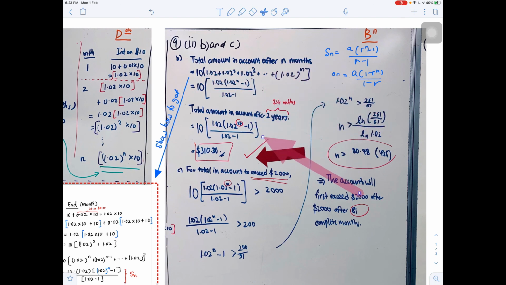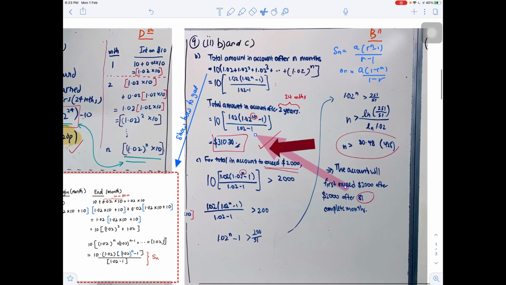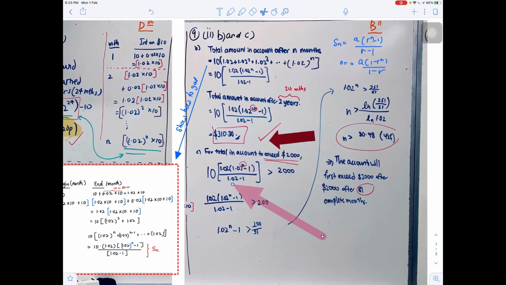For part C, the question asks us to find the number of months needed to accumulate savings exceeding $2,000. We use the same formula. We take this formula and put inside here bigger than 2,000, and then we need to find this n.